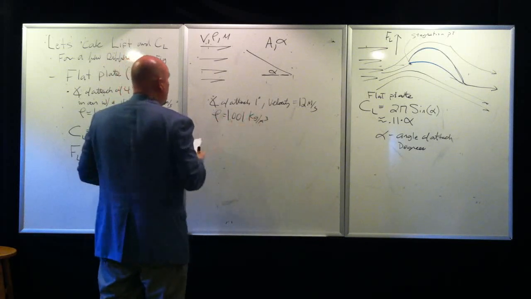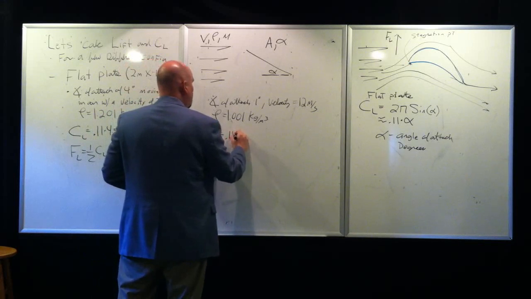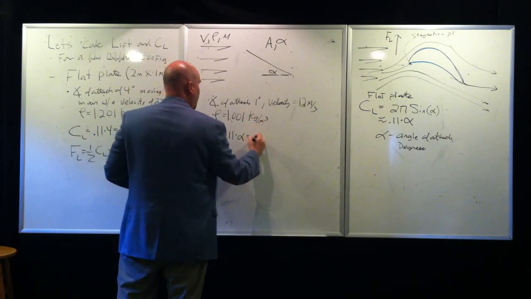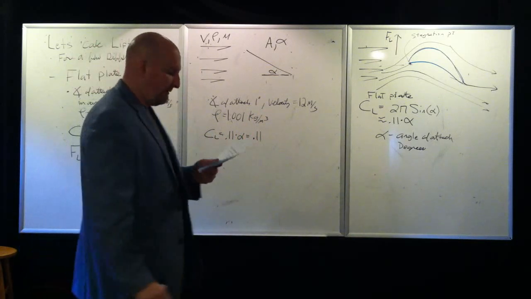So the first thing is we need to come up with the coefficient of lift. Coefficient of lift is 0.11 times alpha. Alpha is 1, and 0.11 times 1 is the magical 0.11.